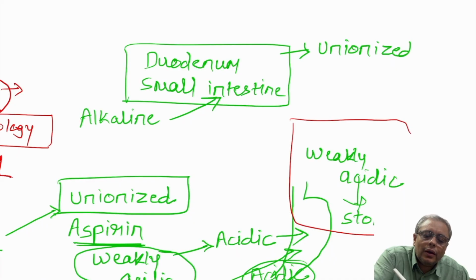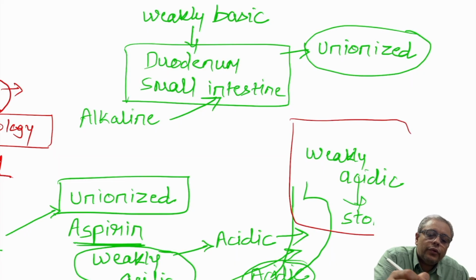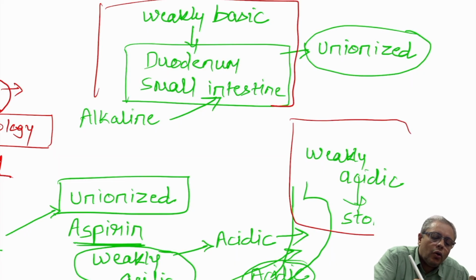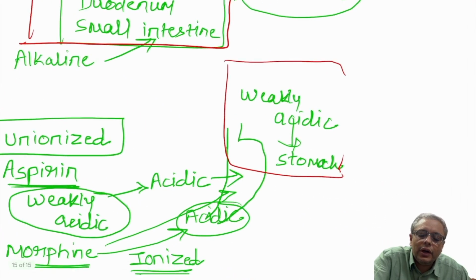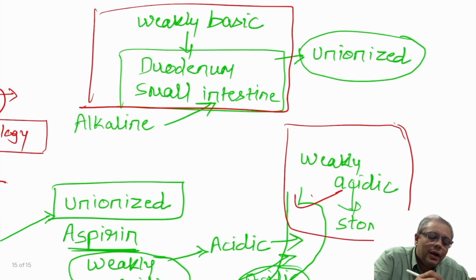So we can say that weakly alkaline drugs, or the weakly basic drugs, are better absorbed from the duodenum or small intestine. Okay, so one point is clear quickly. Weakly acidic drugs are better absorbed from stomach, and weakly alkaline drugs are better absorbed from small intestine.